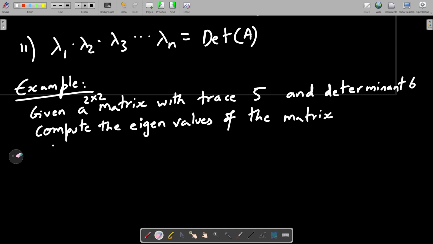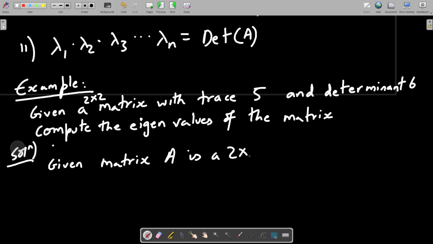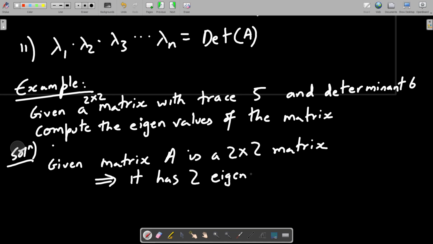Okay, so solution. Given a 2 cross 2 matrix, this implies it has 2 eigenvalues. Say we'll give them the names lambda 1 and lambda 2.